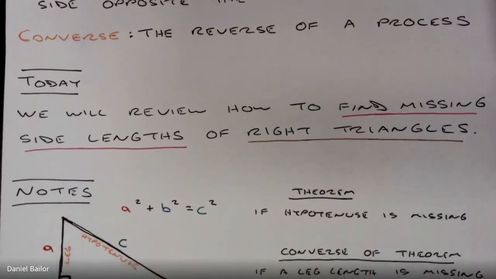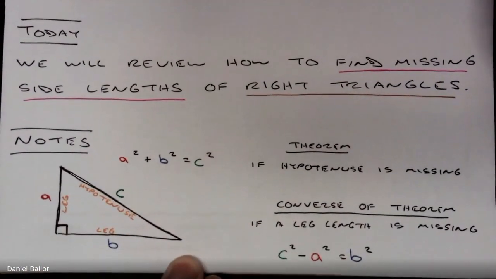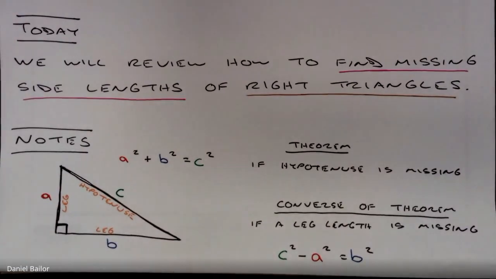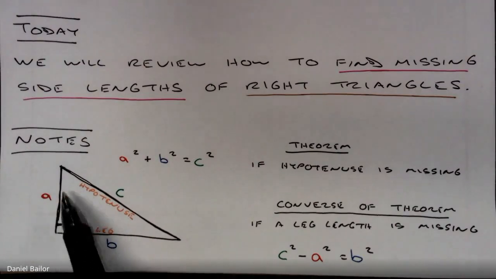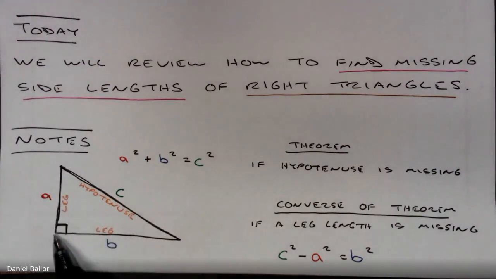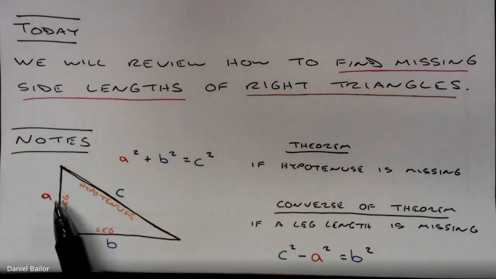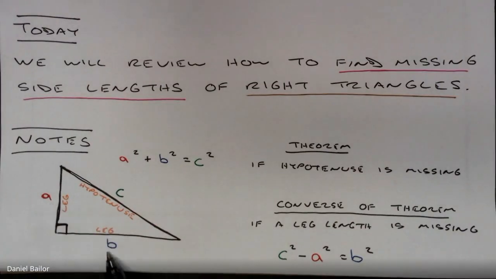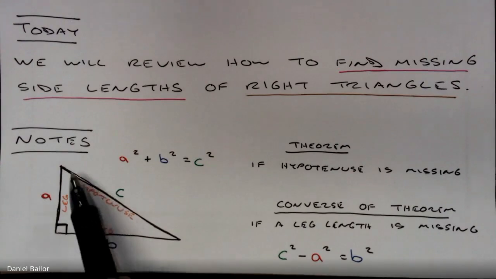And I do have some notes for you today. Here are the notes, just as a reminder about how the Pythagorean theorem works. Here's our triangle. The legs are the sides that are connected to the right angle. Here's the right angle. So the legs are connected. Here's leg A, leg B. The hypotenuse is the diagonal that is opposite the right angle. So this is the hypotenuse.